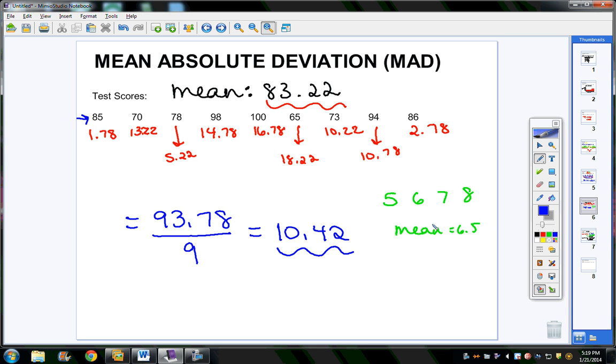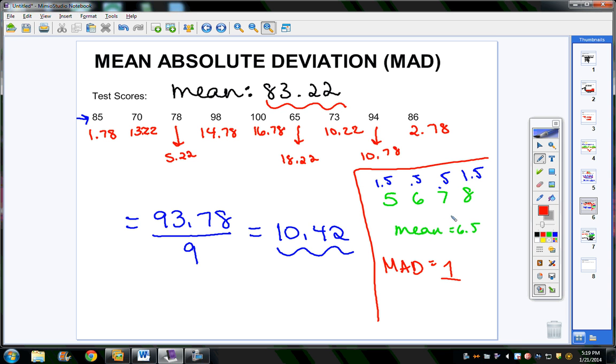When I'm calculating the MAD, this one is 1.5 away from 6.5, this is 0.5, this is 0.5, and this one's 1.5 away. So I'm just doing this to show you a smaller example. 1.5 plus 0.5 plus 0.5 plus 1.5, divided by 4, is 1.